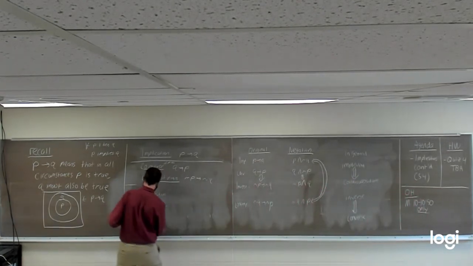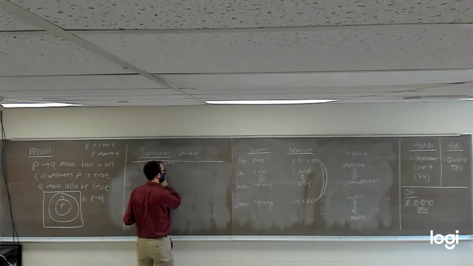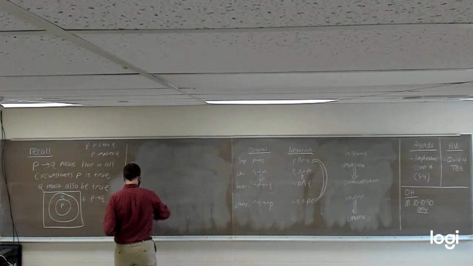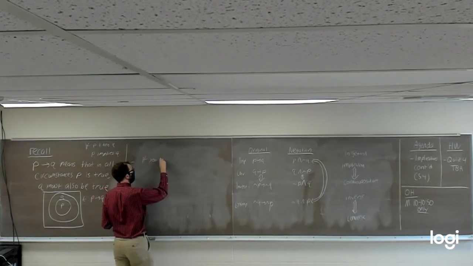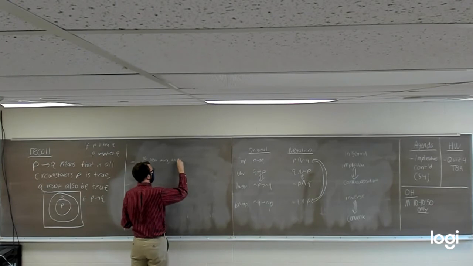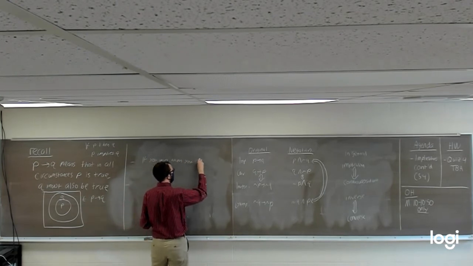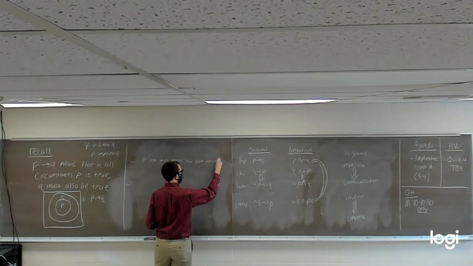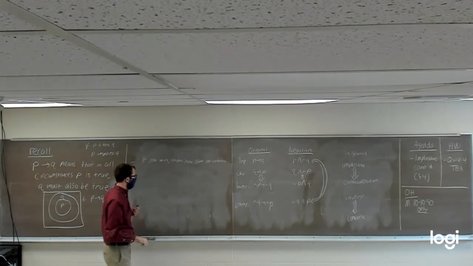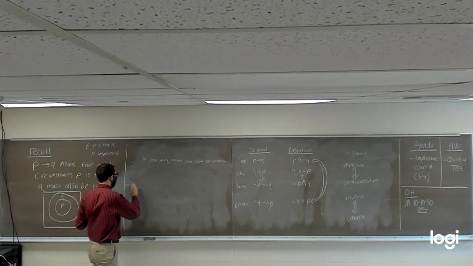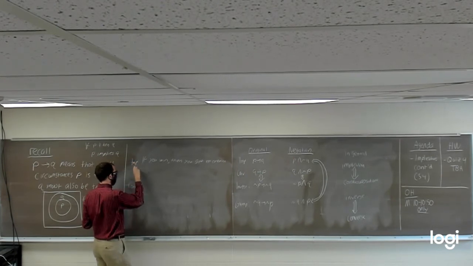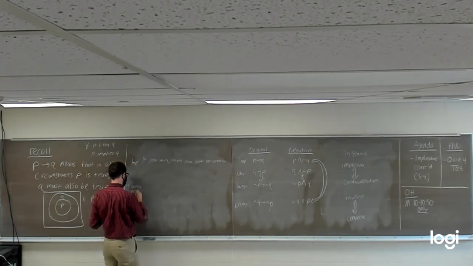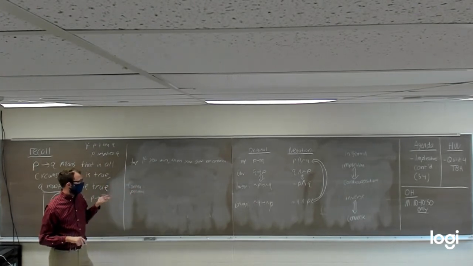Let's look at a quick example here. If the original statement is, if you win, then you get ice cream, this is going to be our original implication. What would the contrapositive be to this statement?